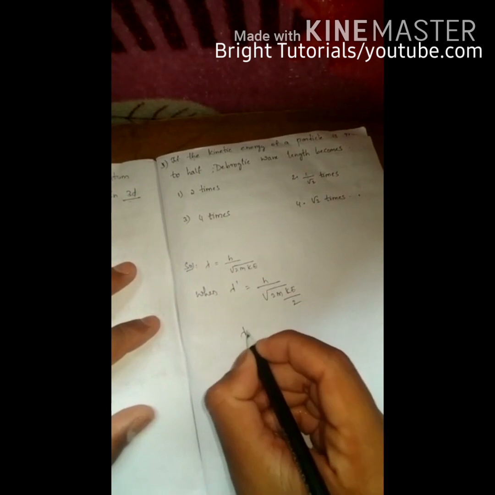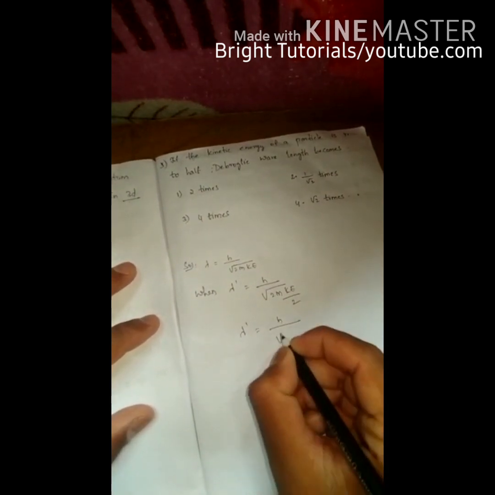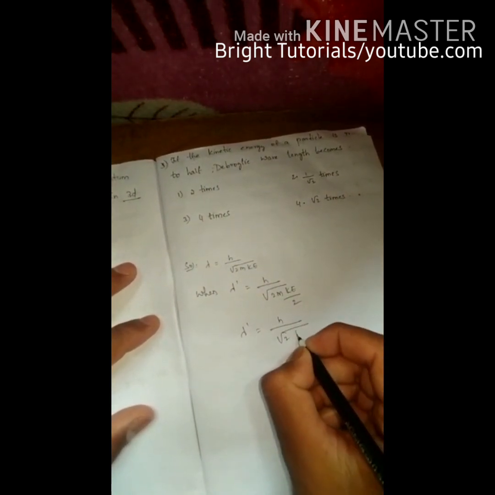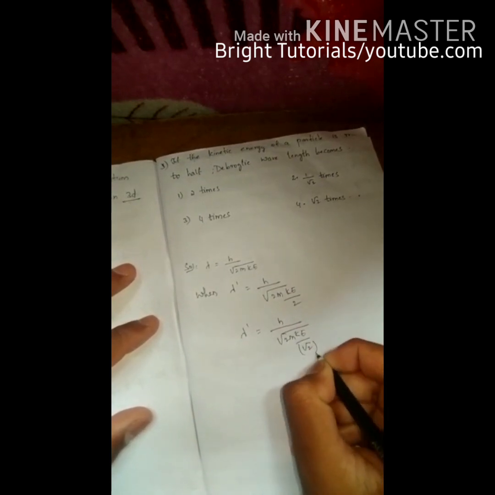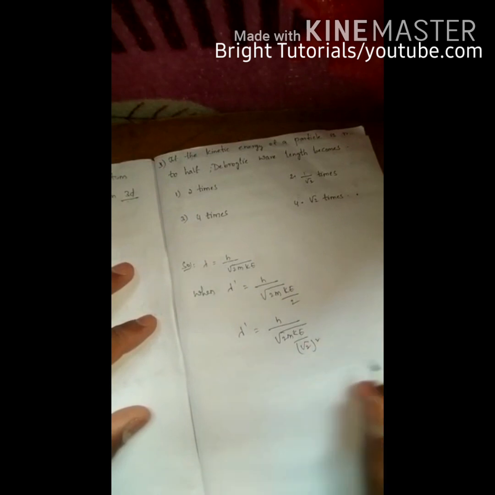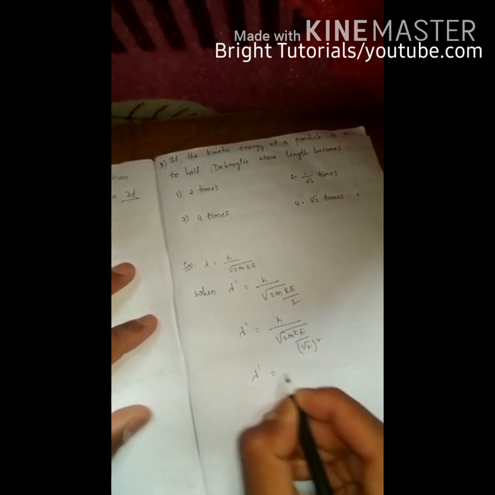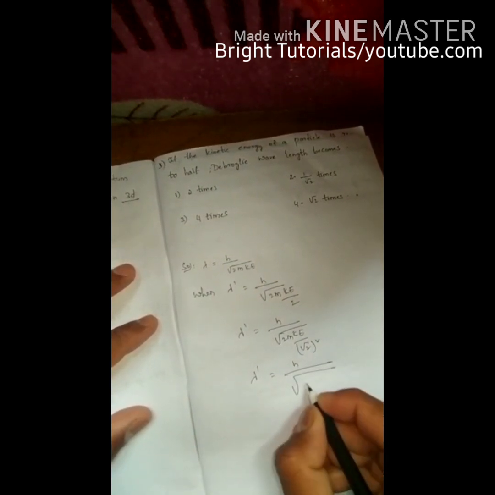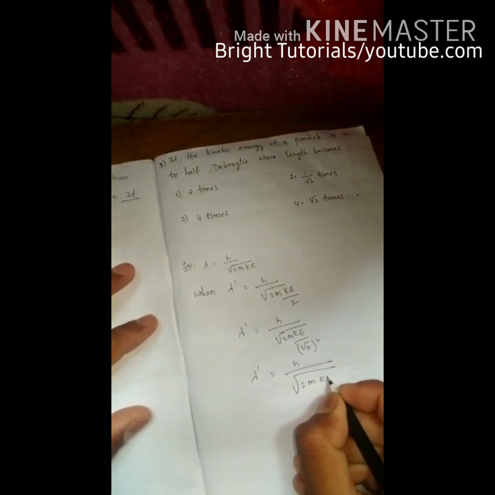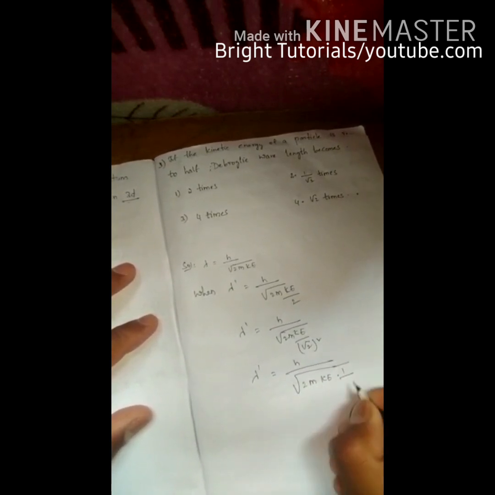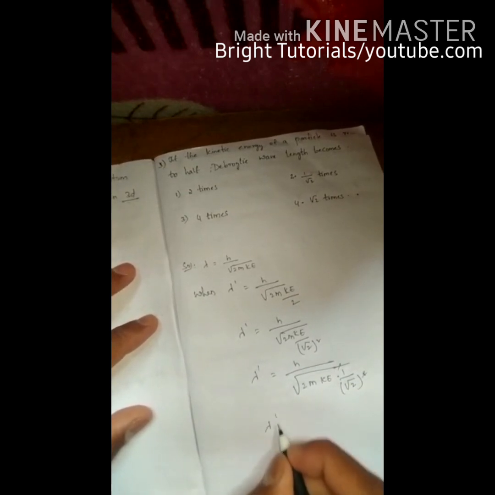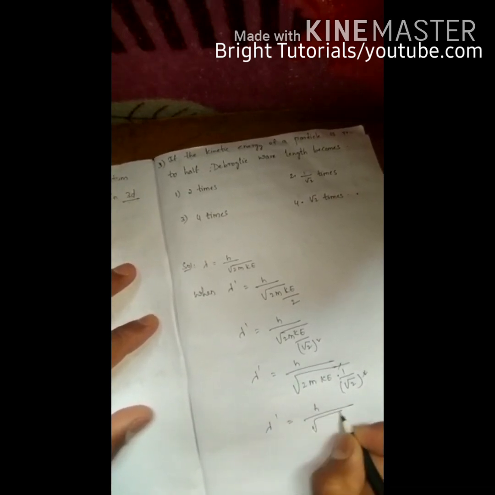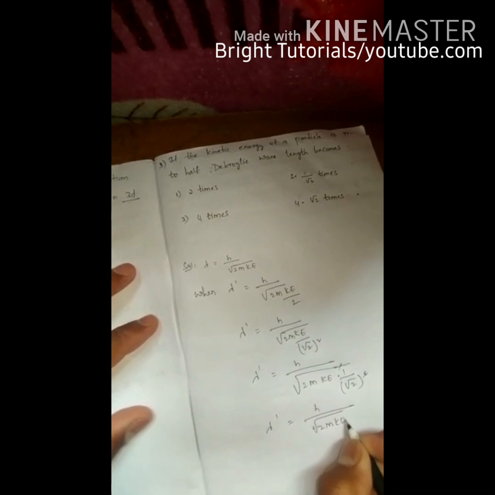This can be again split into h by under root 2m kinetic energy by root 2 whole square. 2 can be written as root 2 whole square. So that means lambda dash is equal to h by under root 2m kinetic energy into 1 by root 2 whole square. This can be cancelled. Lambda dash is equal to h by under root 2m KE into 1 by root 2.